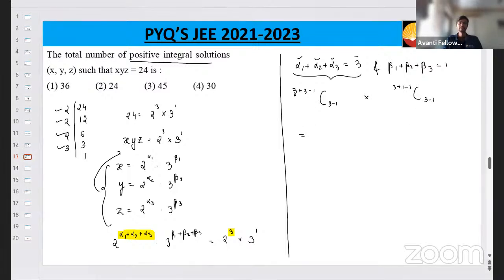So what do we have? We have 3 plus 3, 6 minus 1, 5. So 5C2 into 3C2. 5C2, 5 4 are 10, into 3C2 is 3, which is 30. So 30 is my answer, which is option number 4.